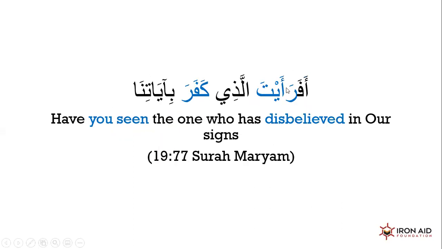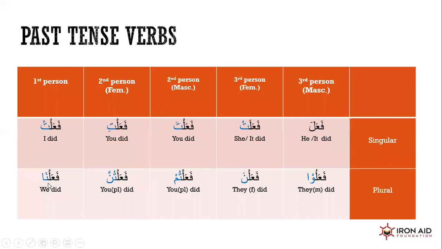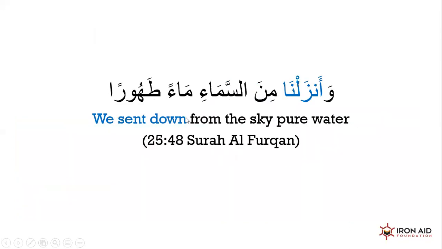If we go back to the table, we can see the addition of na at the end would give the meaning of we did, فعلنا, أنزلنا. So أنزل, he sent. أنزلنا, we sent. Okay, so وأنزلنا, we sent, and we sent down, min, from, السماء, the sky.